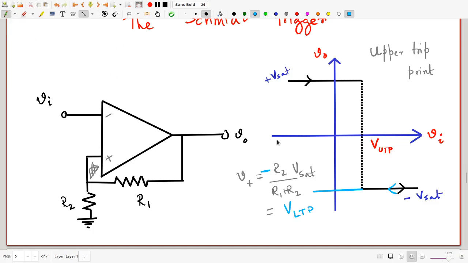What will happen once you reach VLTP is that the voltage is going to trip to a positive value, to plus Vsat. And then the voltage is going to continue like this.